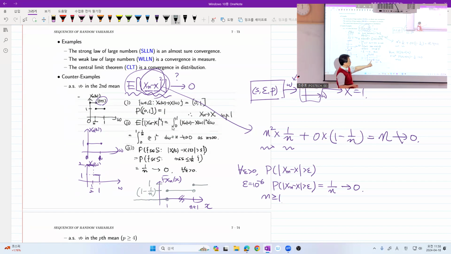For each value of x, what happens? Any finite value less than 1, the limit is 0. Greater than 1 and less than n plus 1, it's definitely 1. But what about some specific large value? If n is greater than that value, right, then what happens? It goes up and up and up and up. So you can easily see that for every finite x, you have what?